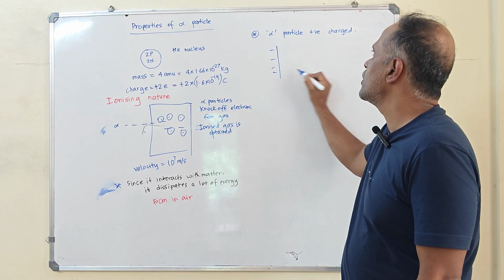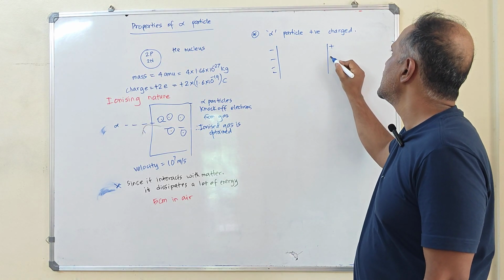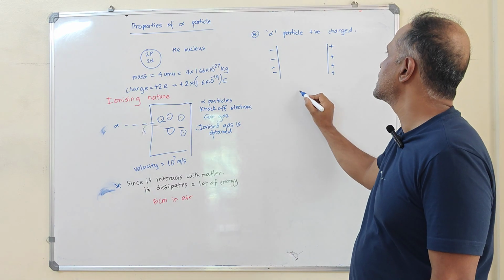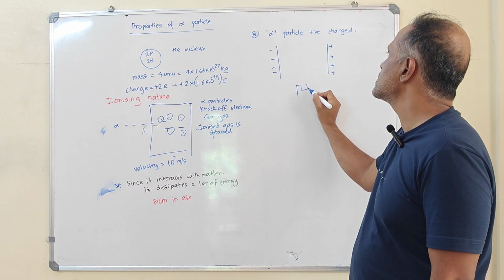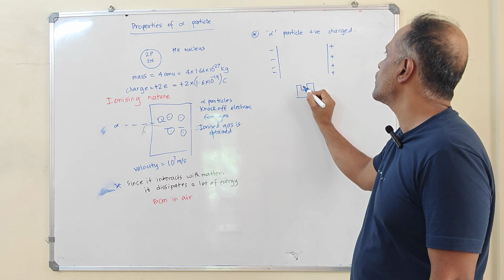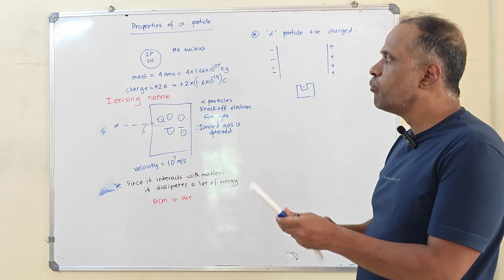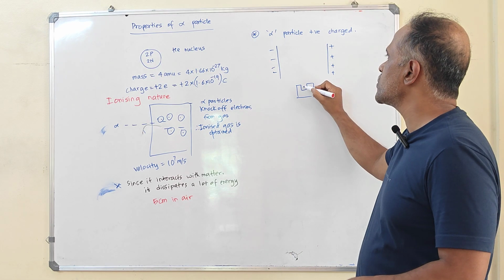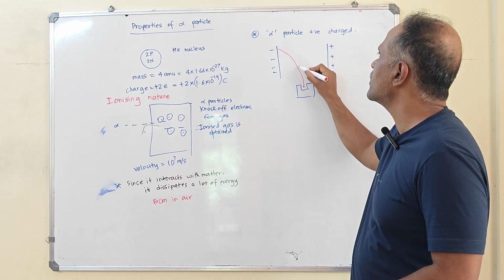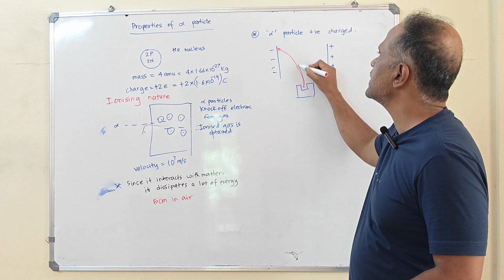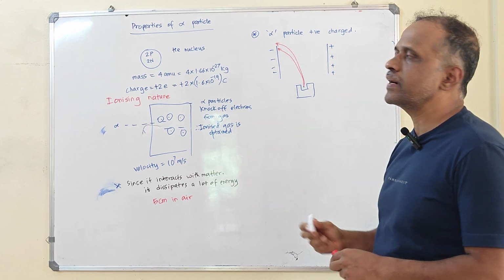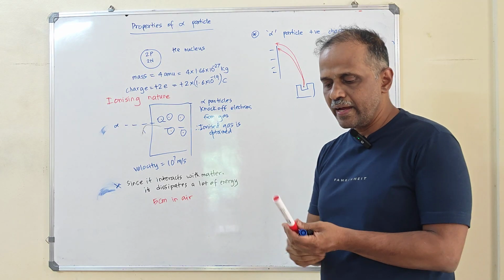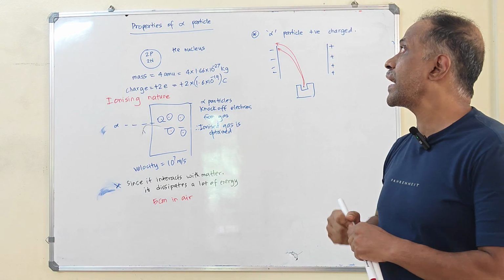As we have seen in our last lecture, if this is the negative plate, then the alpha particles, since they have positive charge, will move towards the negative plate. This is the trajectory of motion of alpha particle, and they are deflected by magnetic field as well.